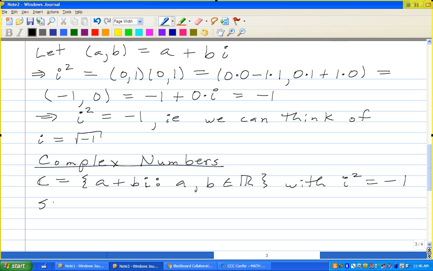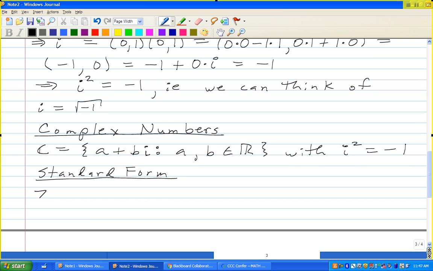The standard form of a complex number is, well, what I've just written. So suppose I have some complex number z. I can write it in the form a plus bi, where a is the real part of z, just the number a.